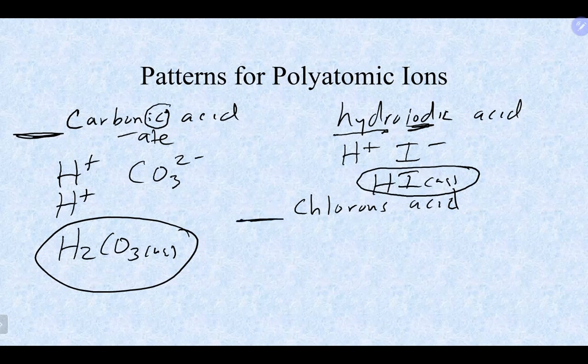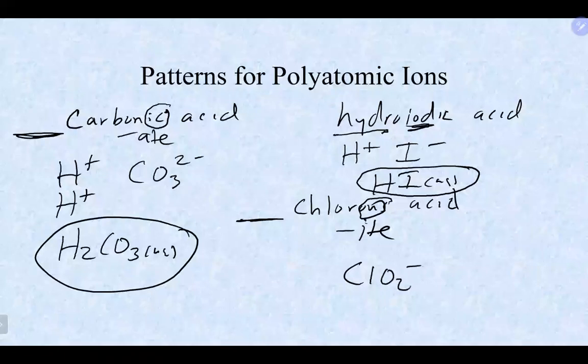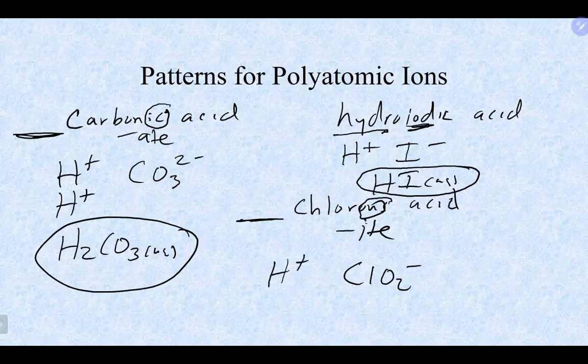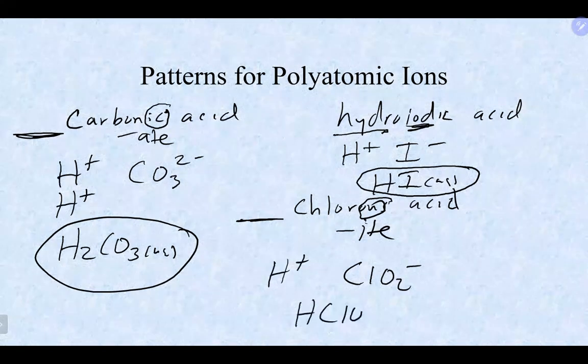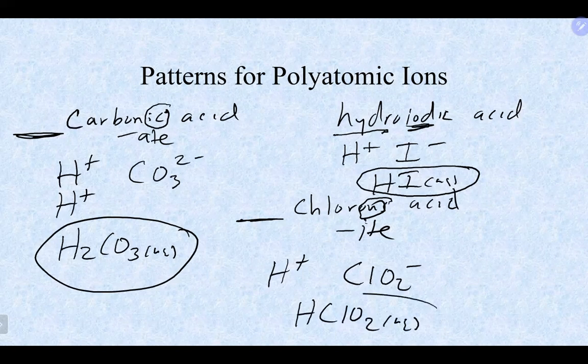It's a polyatomic ion. And if I get rid of OUS, I know that is for ite, which means that's like chlorite. So I know it is chlorite is my actual polyatomic ion. And I know once again, my acid will have H plus, so I could put them back together here. In this case, HClO2 as my acid.